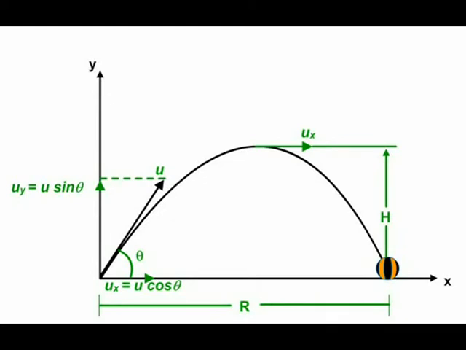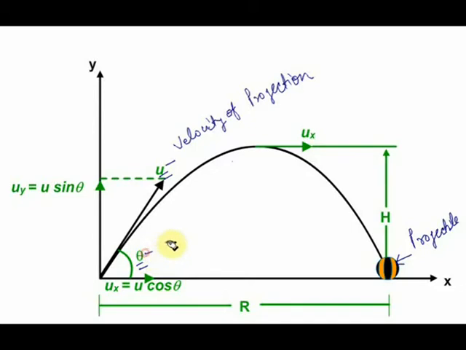Here, as you can see, this is our projectile, which was thrown into the air with velocity u. So this is our velocity of projection. And the angle of projection is theta.